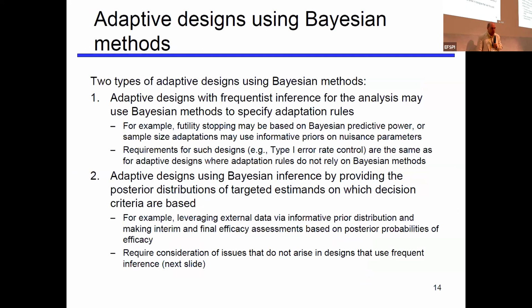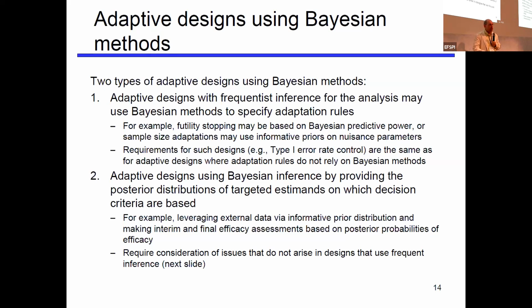Moving on to the next topic, adaptive designs using Bayesian methods. One could think about distinguishing between two types of adaptive designs using Bayesian methods, namely whether you use frequentist inference at the end of the day or you use Bayesian inference. If you use frequentist inference, a classical example is if you base your futility stopping rules on some Bayesian methods.